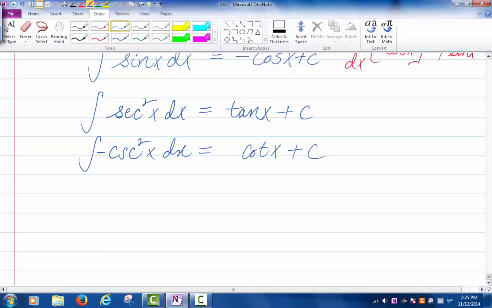But if I want to take plus here, then I would have to put a minus here. So the derivative of negative cotangent x is positive cosecant squared. Therefore, the antiderivative of positive cosecant squared is negative cotangent of x. Okay, how about secant x tangent x?